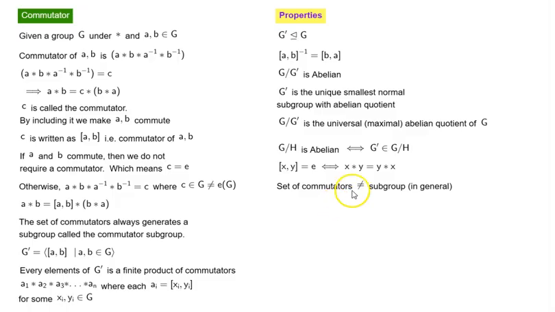The set of commutators is not equal to the subgroup in general. In some specific groups, it might be the case that the set of commutators themselves form a subgroup, but in general, they do not. So let's look at an example and see how all this works out.